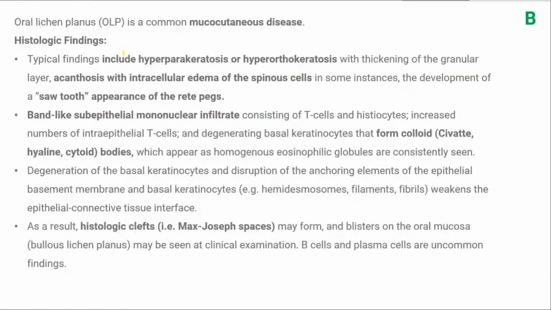So the histologic features of lichen planus have been put up here. As we all know, it will be hyperkeratosis, acanthosis, sawtooth rete ridges, civatte bodies or colloid bodies, and when the epithelial connective tissue junction is weakened, histologic clefts will form, resulting in Max Joseph spaces. Okay.